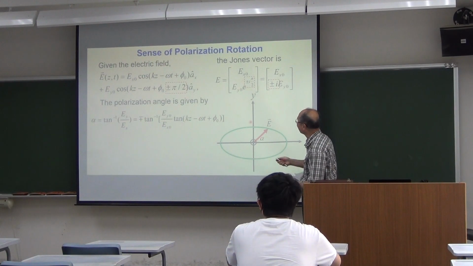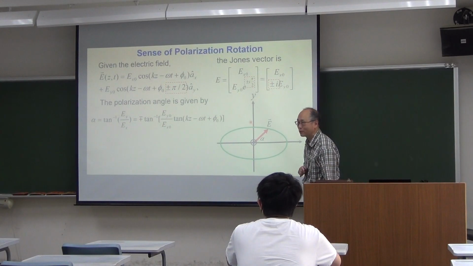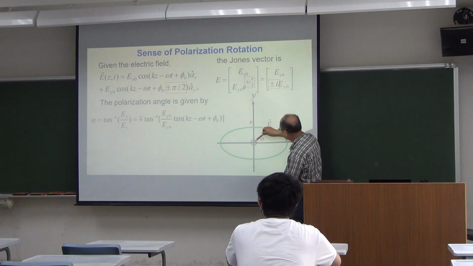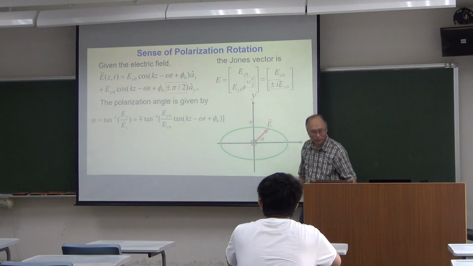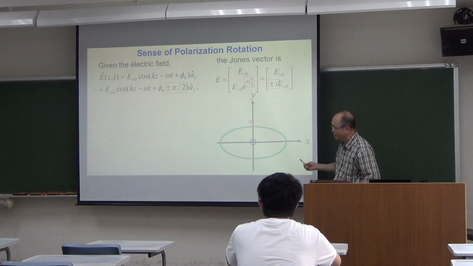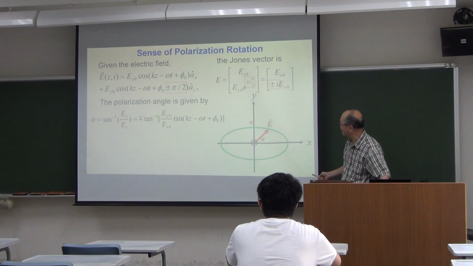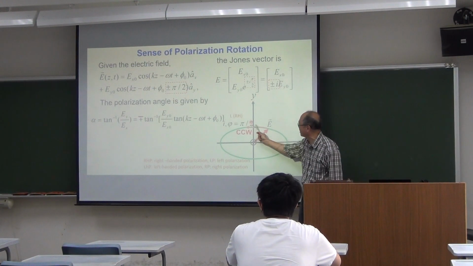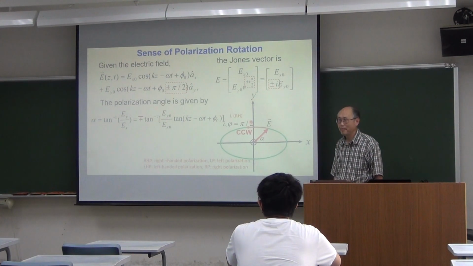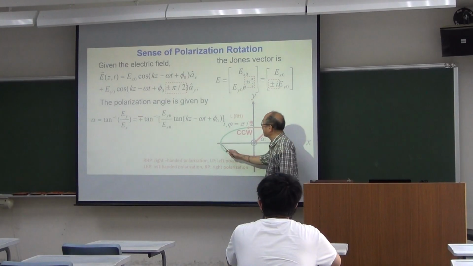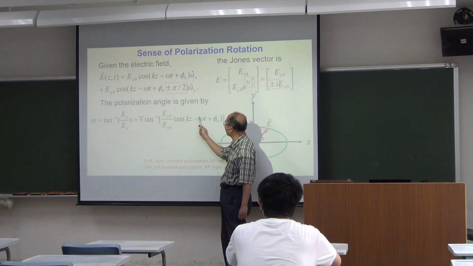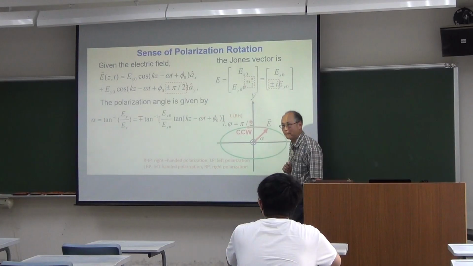So this means that if I follow this plus notation, then this electric field is going to be rotating along the counterclockwise direction. It's going to go like this, because you end up having a net positive sign in front of this time.